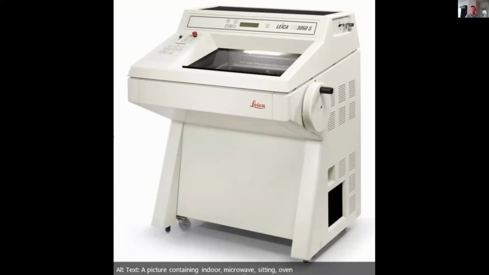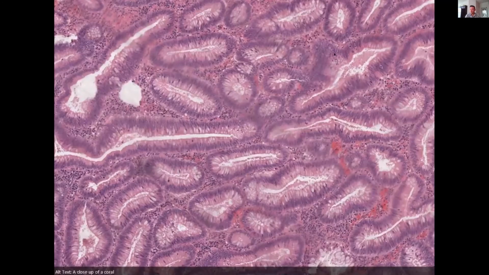You can see how it got the microwave oven part of things. And then there are really admirable attempts to identify pathology images like this one: a close-up of a coral. I think that's fantastic, actually, for it to recognize a coral-like pattern. This is, of course, an adenoma. That's the subject of my talk.